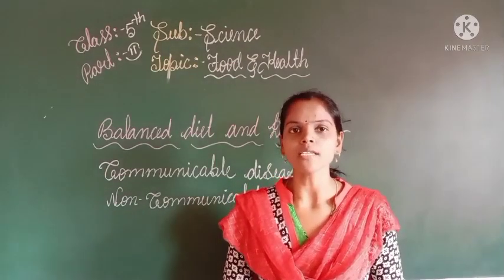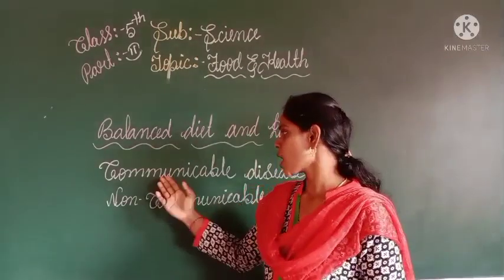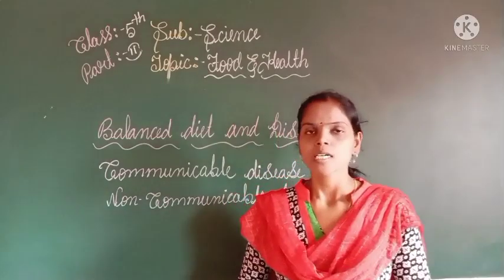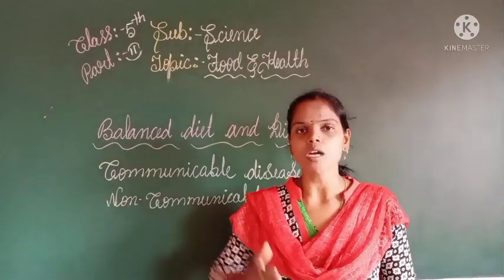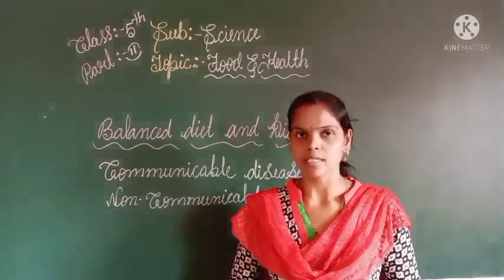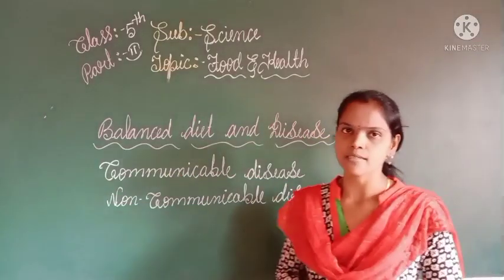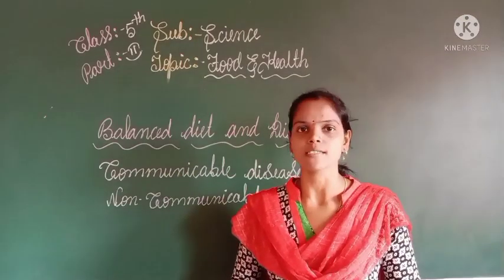Dear students, we can see two kinds of diseases: communicable diseases and non-communicable diseases. Diseases which can spread from one person to another person are known as communicable or infectious diseases.